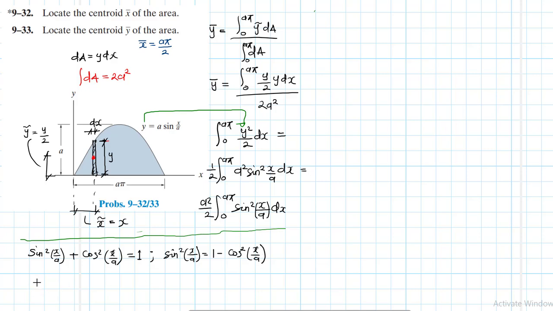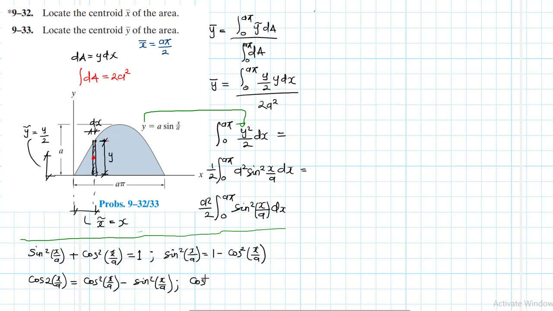We also know that cos 2x over a is equal to cos squared x over a minus sine squared x over a.